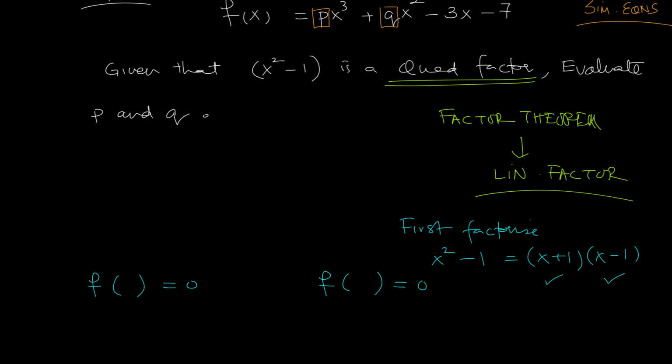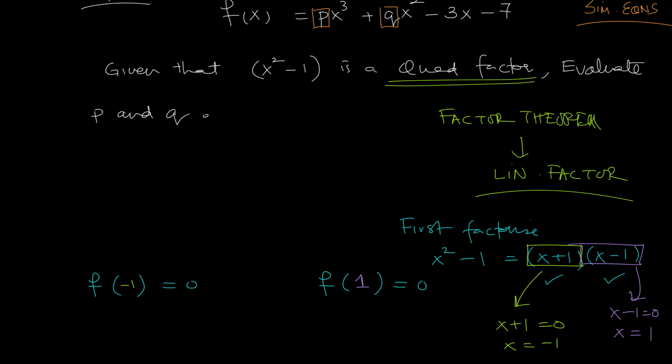If I focus on the first bracket, the plug-in value is x plus 1 equals 0, x is negative 1. If I focus on the second bracket, x minus 1 equals 0, therefore x is 1. So now I'll be forming two equations and solving them for the value of p and the value of q.